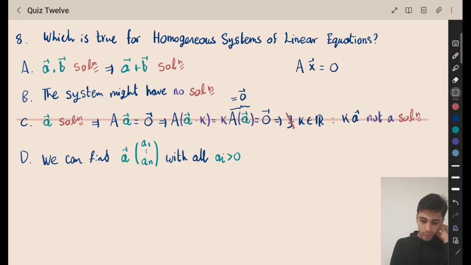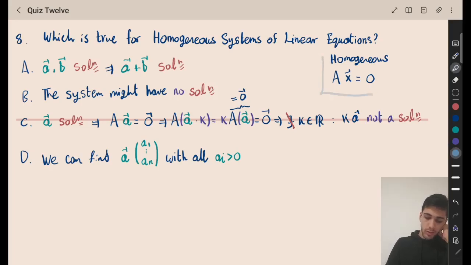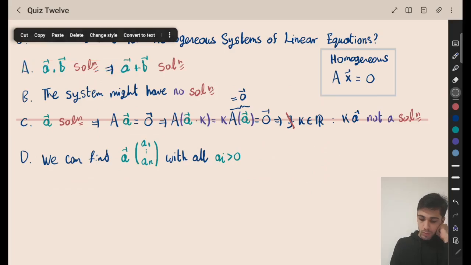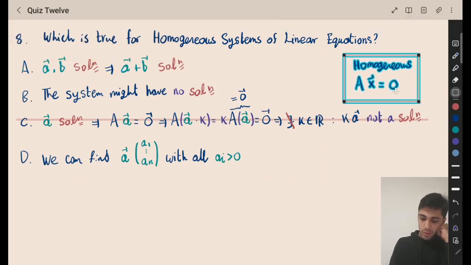And now going back to the other property that I was hinting at, I would like to consider first choice A. So what does choice A tell us?